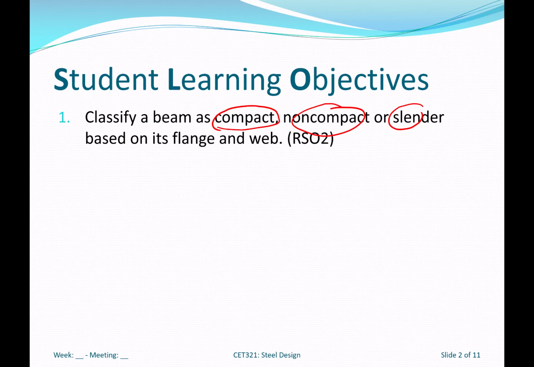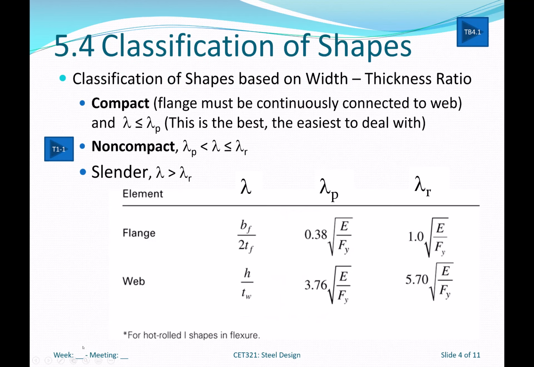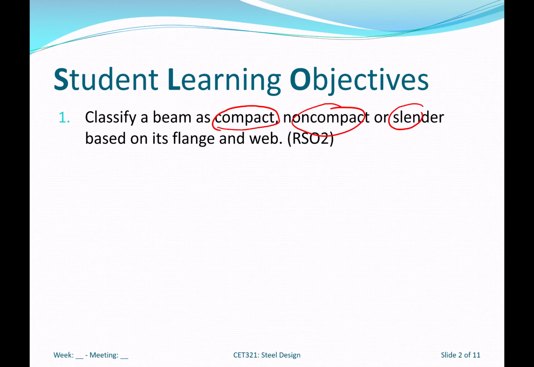Okay, so with beams, what's a little bit different is, let me go back, we're going to use two checks, right? So we're going to have lambda sub p, and we're going to have lambda sub r. Lambda is just a general width to thickness, so any width to thickness that we have, be it flange or web.